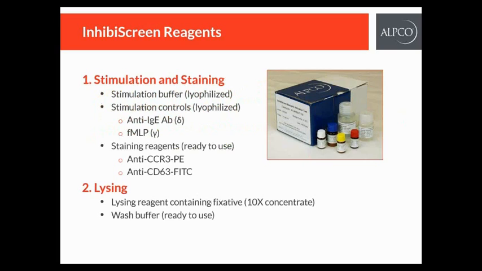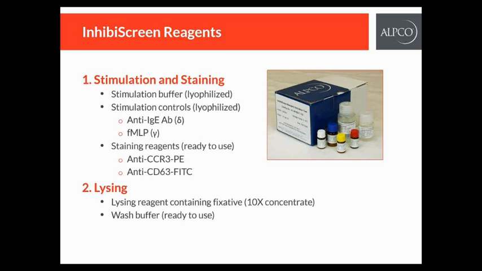When you receive the InhibiScreen kinase inhibitor assay, the following components are part of the package. The first set of components are for the stimulation and staining portion of the protocol. Some of these are provided in a lyophilized format, which need to be reconstituted prior to use. So there's a stimulation buffer as well as stimulation controls.